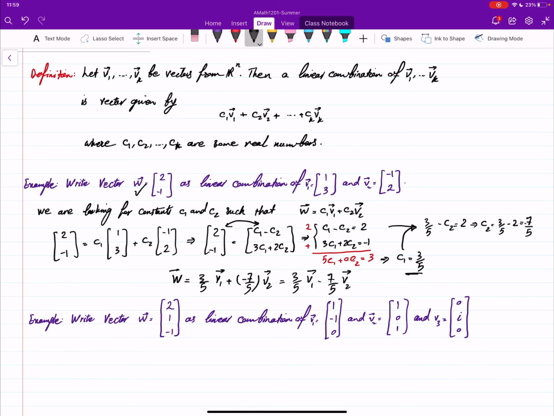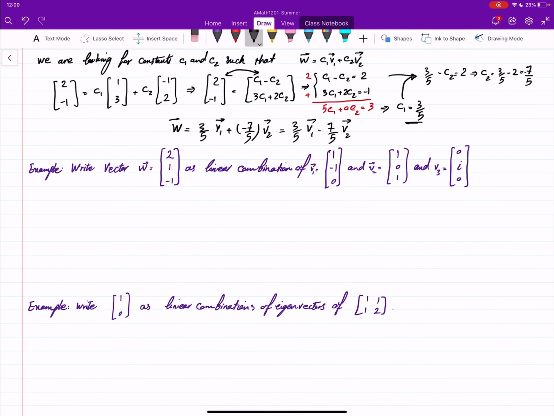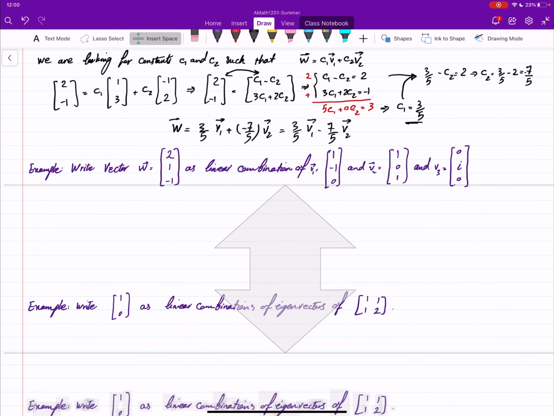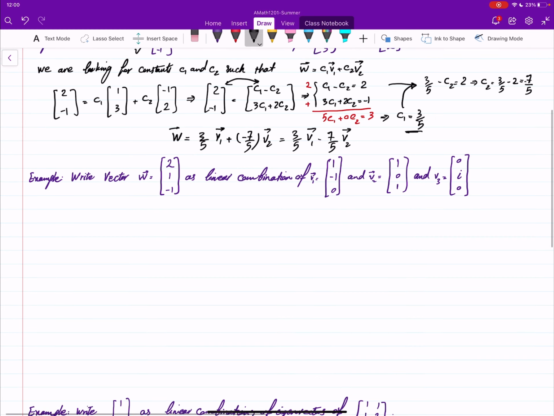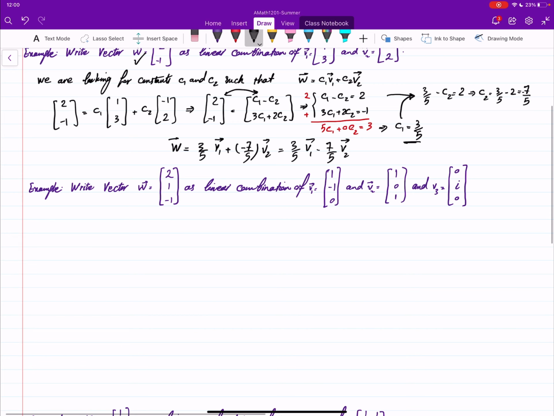So this same example can be considered for a bigger number of vectors. For example, in this other example, I have w, which has 3 components, and I have 3 other vectors, v1, v2, v3, and we are looking for writing this as a linear combination of v1, v2, v3.